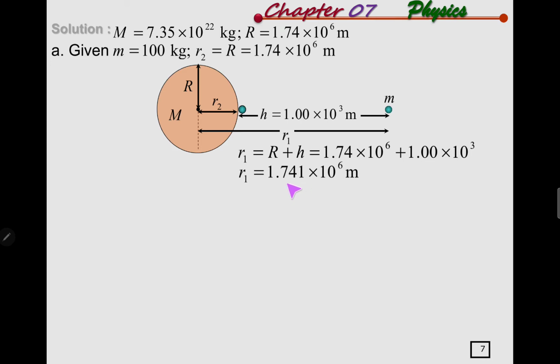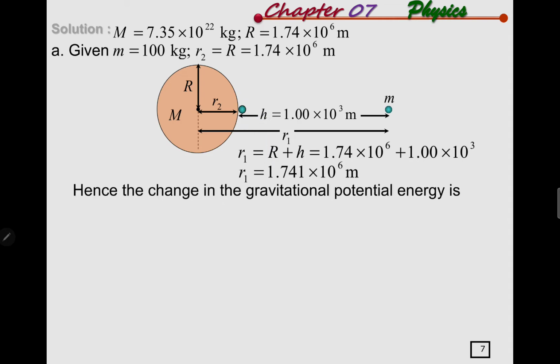Over here it is dropped from a height of 1 kilometer, so this will be the initial r1 and this will be the final position, r2. The change in the gravitational potential energy will be equivalent to the change in the energy, final minus initial.